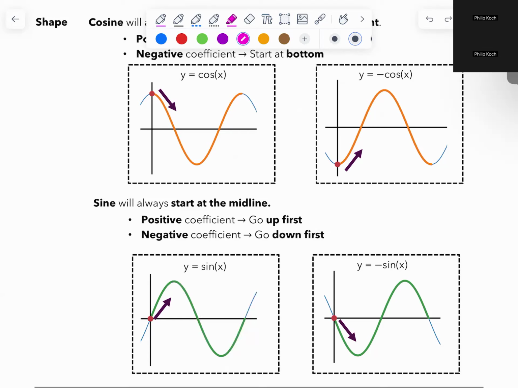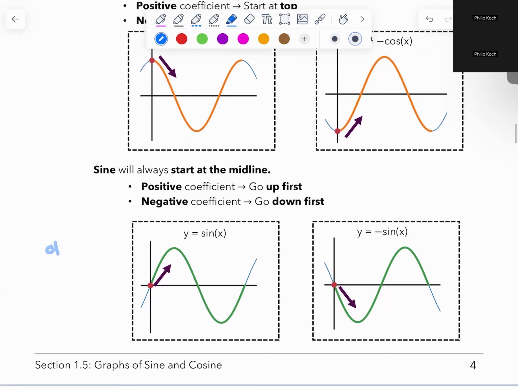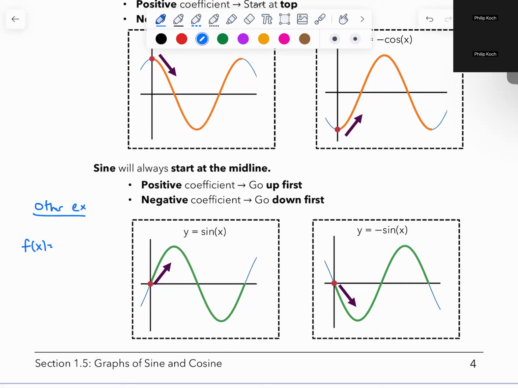But the direction in which you go up or down has to do with the sign in front. If it's a positive coefficient in front, like sine of 1x, or other examples. I should have written that up here too. So other examples will be something like f of x equals 2 sine of x.